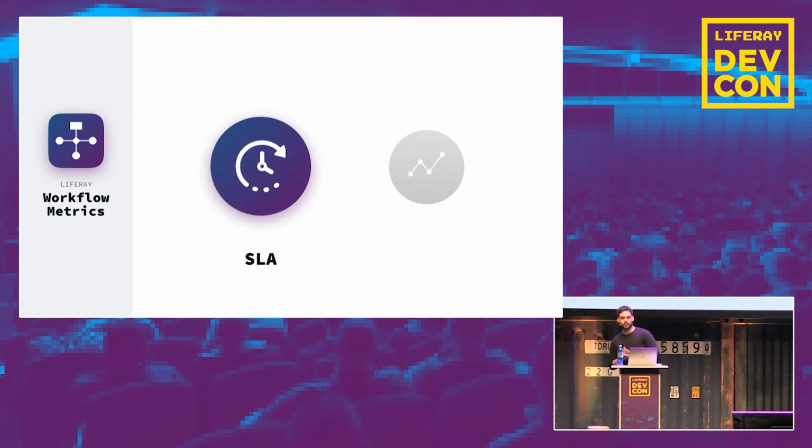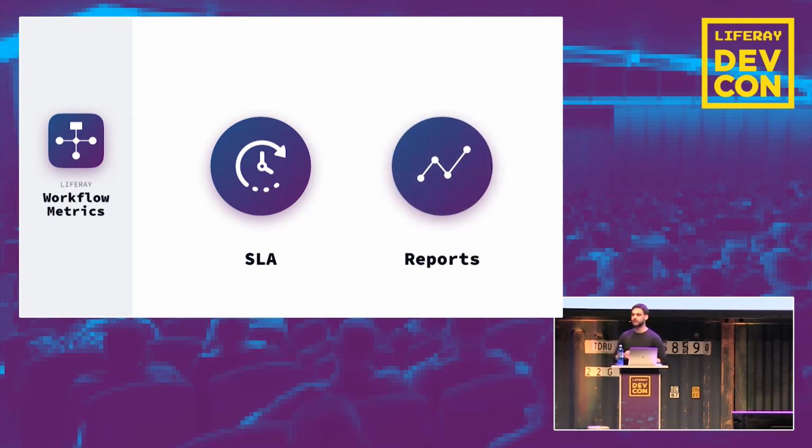Here is how you're gonna tell workflow how it should measure your process. Basically, because it's the SLA, we're talking about the time dimension. So how should I measure the performance of my workflow? And second is the reports. Here is where you get what was measured, analyze the data, learn from it, and act.